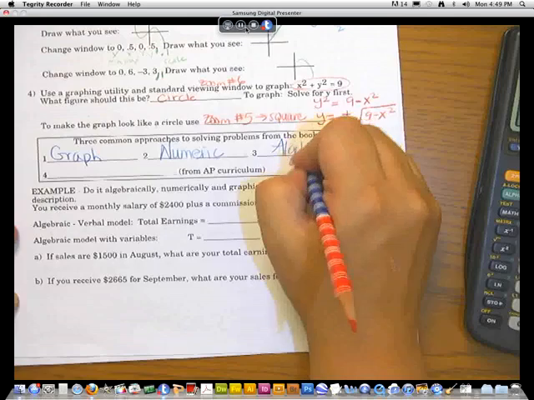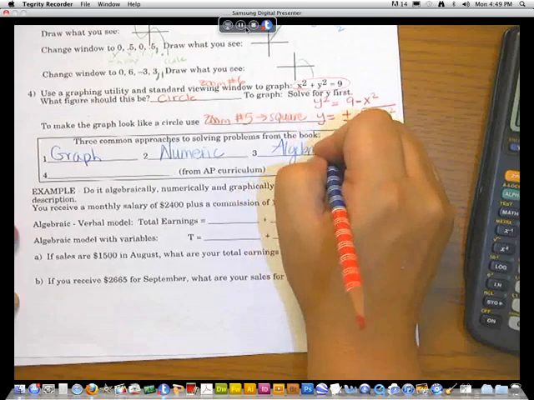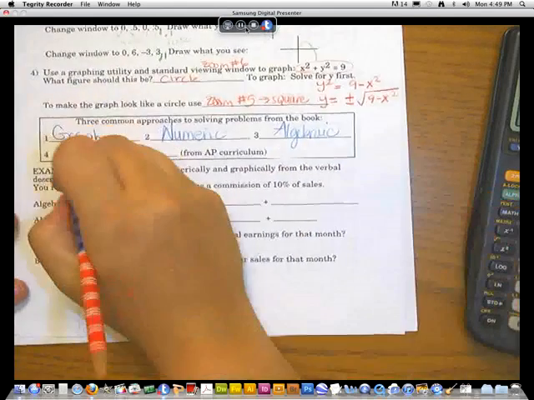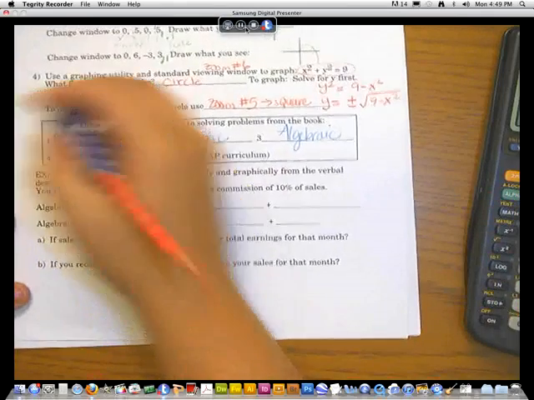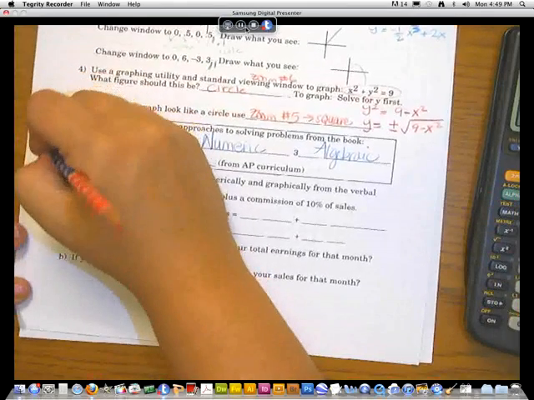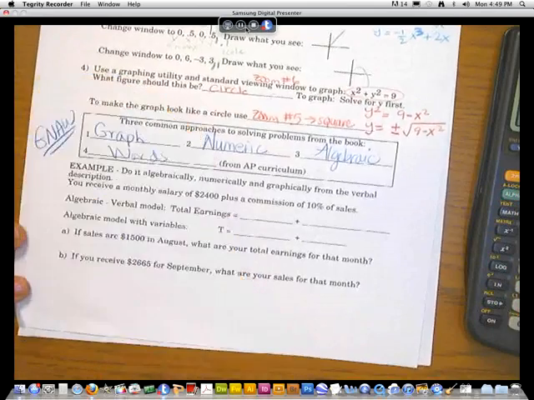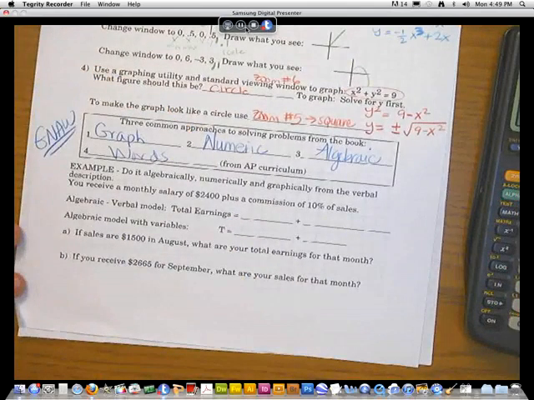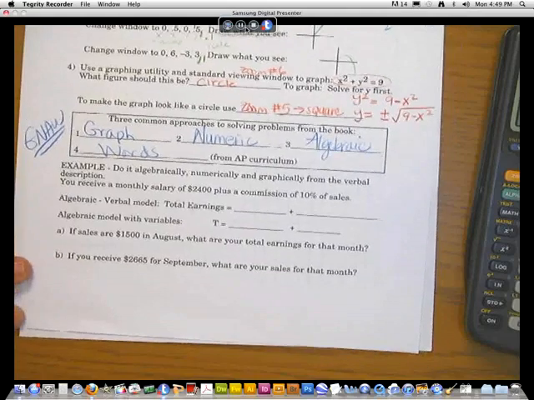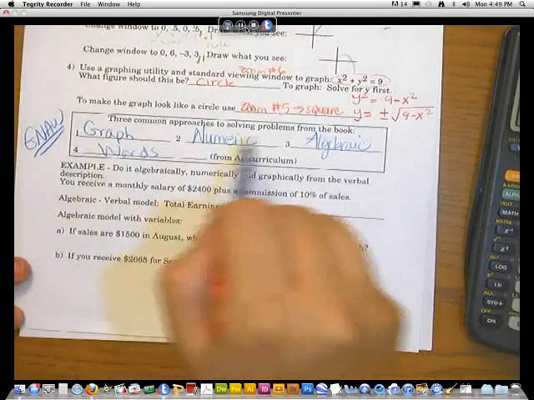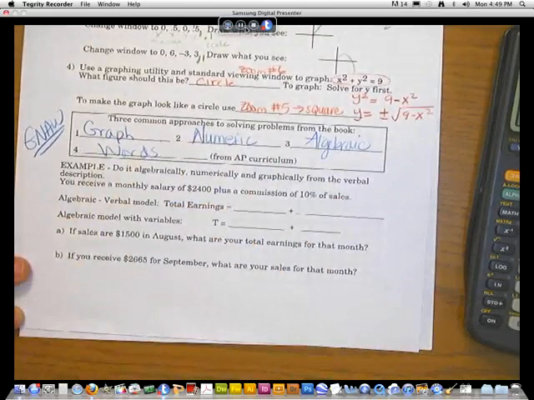We need to be able to do it algebraic, and we need to be able to do it in words. This is our GNAW process. This is something that we are going to have to be able to do in all formats, in all polynomials, in all word problems, in everything. We need to be able to look at every problem in these formats. Let's see, we got to do it algebraically, numerically, and graphically.